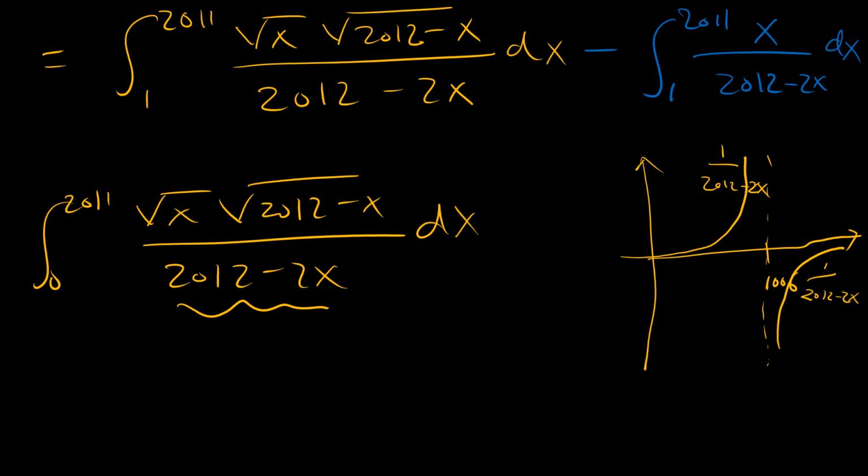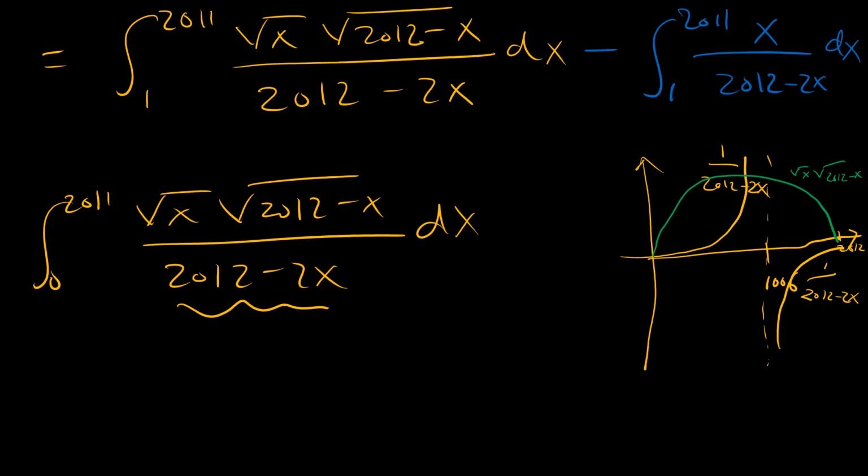At 2012, we have another 0. And if I use green, like that. So this is square root of x square root of 2012 minus x.